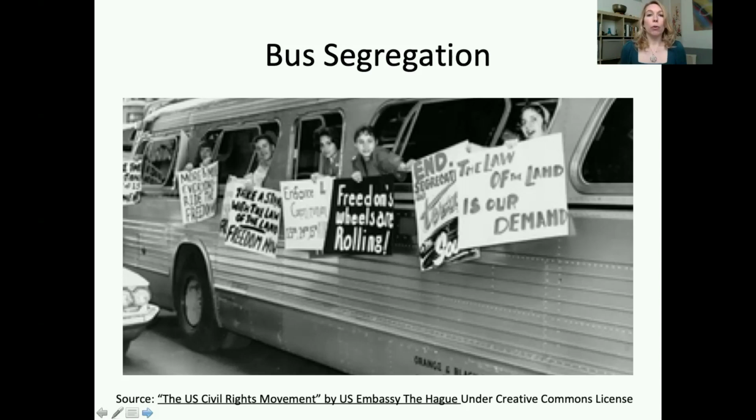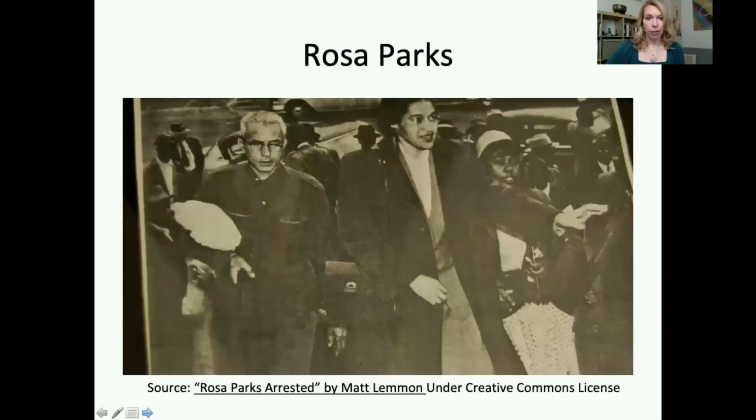And one day, Rosa Parks was sitting there on the bus, and that's what happened. A white person came up and she said, I'm not going to give up my seat. As an activist, she knew she was going to take this stand on that day and say, no, you're not going to get my seat. And so she got arrested. But what it did was spark this whole movement to boycott the bus.